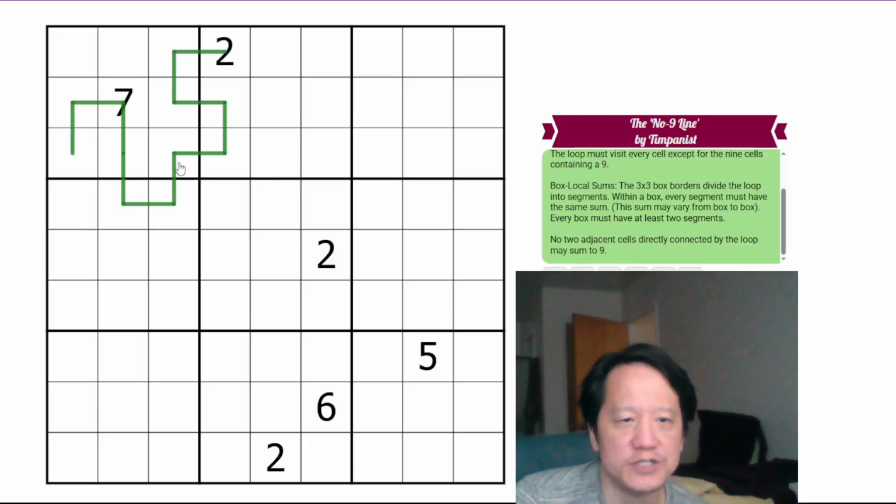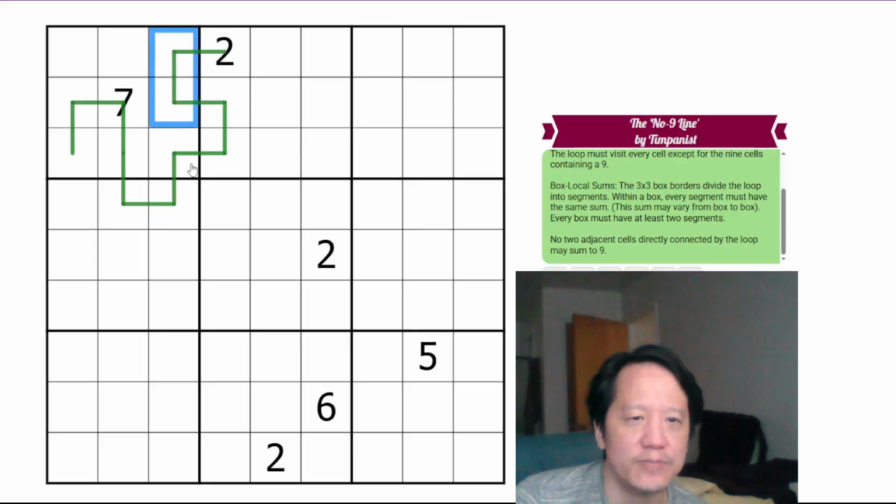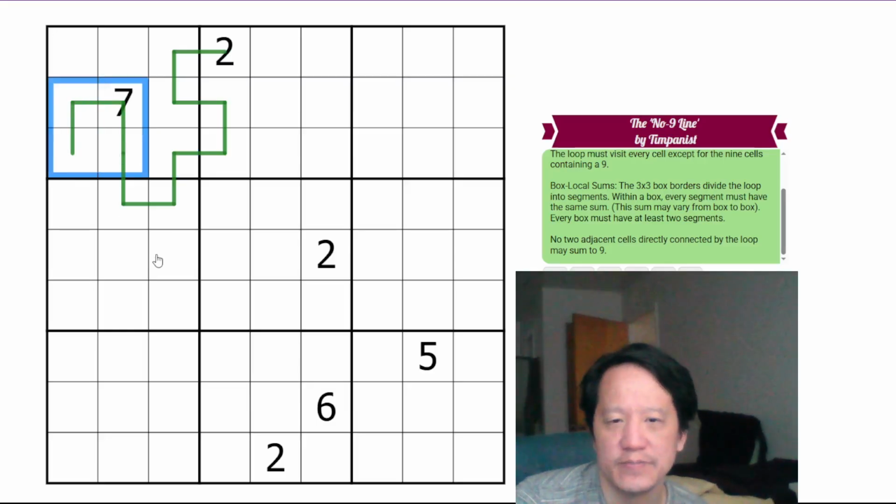Anyways, say this was a valid loop. It's not going to be. This sum must equal the same sum as this sum, which must equal the same sum as this sum, right? So it's going to be box local sums for this loop.